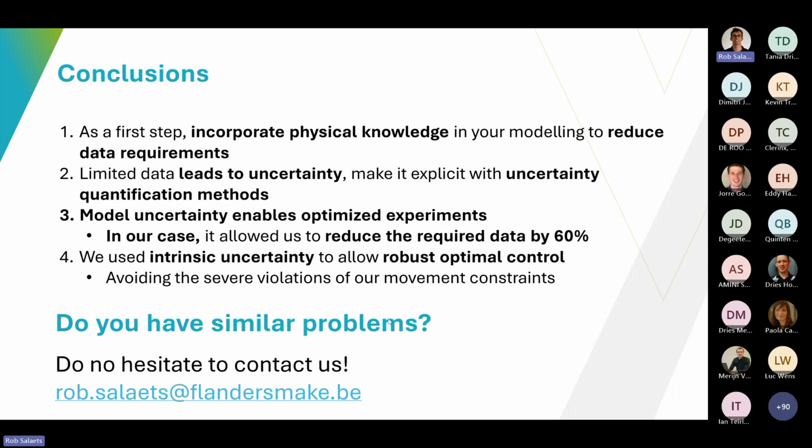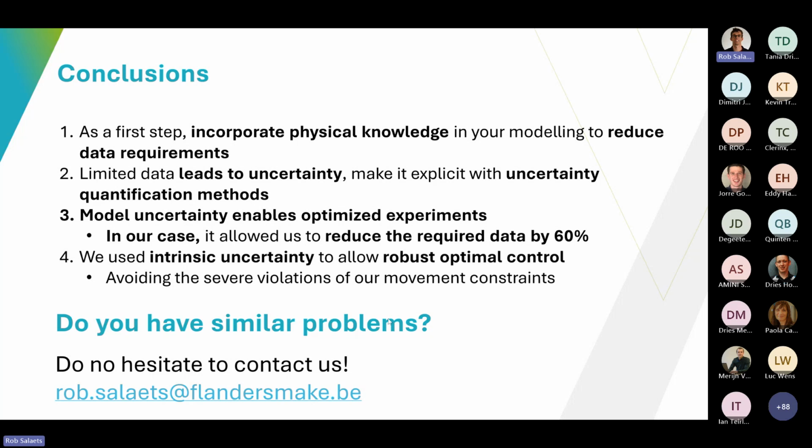So I put it here again. We can incorporate physical knowledge to reduce data requirements. Limited data will lead to uncertainty or no trust in the model, so you have to make it explicit with uncertainty quantification. I believe that's a good idea.